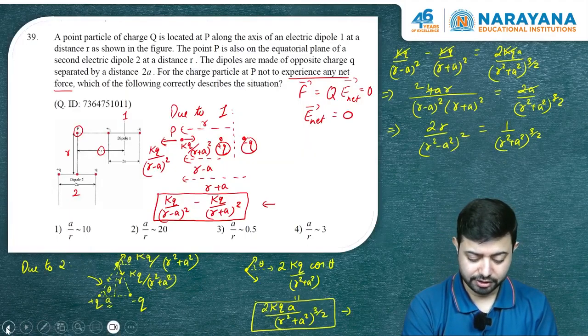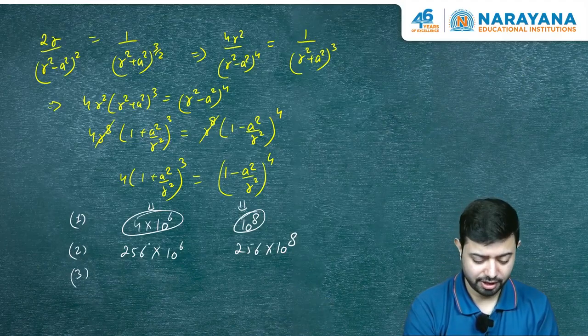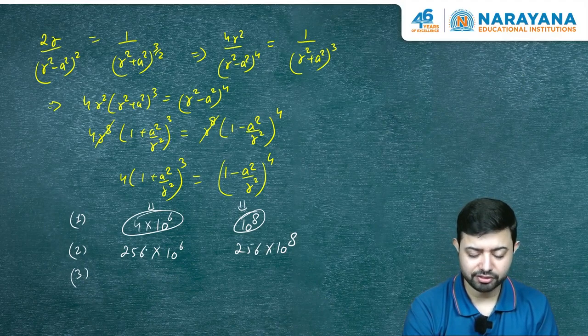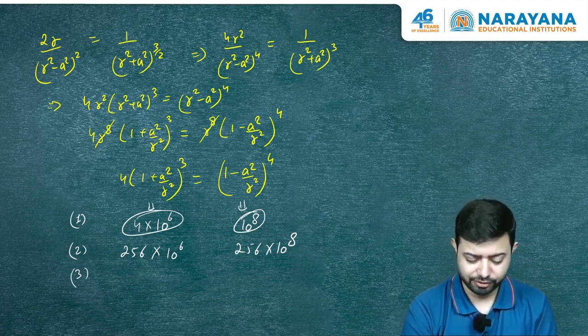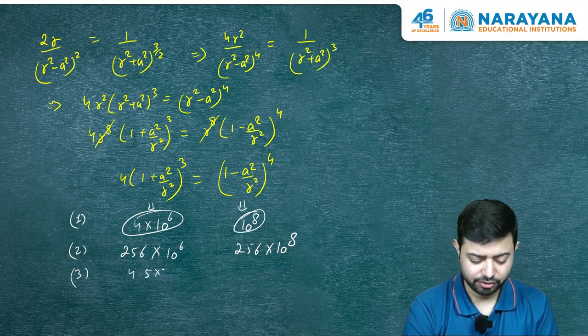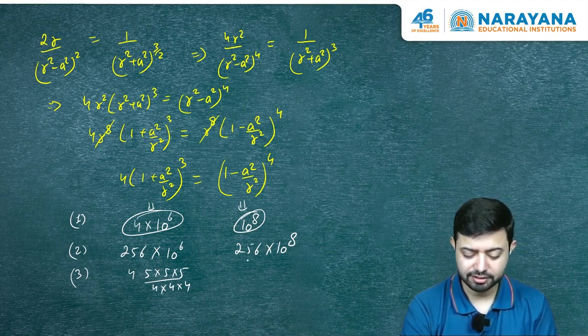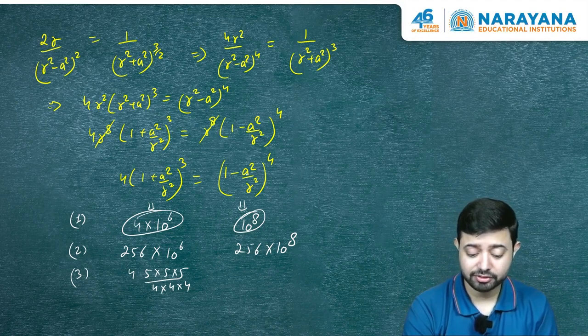Third option, A by R is half, half if you do, then 1 plus 1 by 4 is how much? It is like 5 by 4, right. So, 4 times 5 by 4 on the left hand side, and the right hand side is going to be 5 by 4. Sorry, again it is going to be how much?